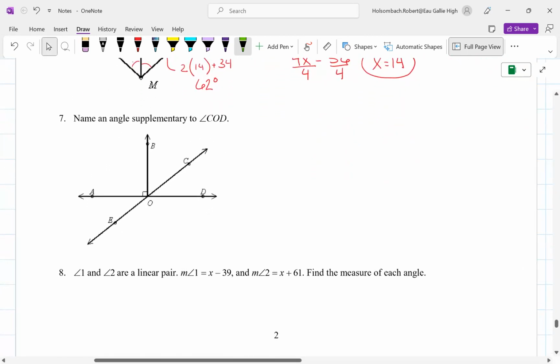Problem number 7 asks you to name an angle supplementary to COD. Well, if this is COD, what angle can we combine with COD to sum 180 degrees? Supplementary angles sum 180 degrees. So I'm looking at this straight line right here.